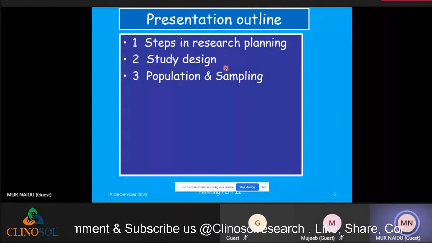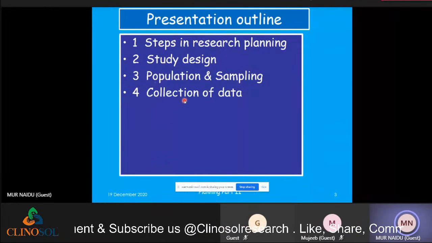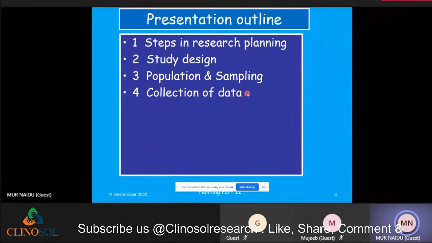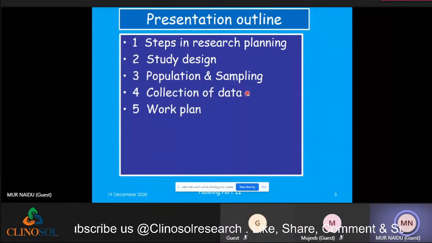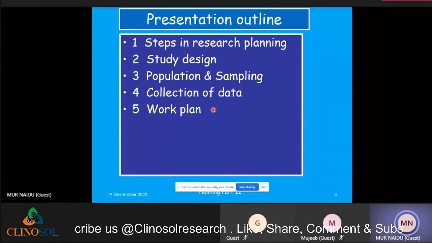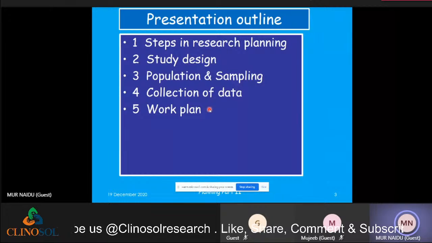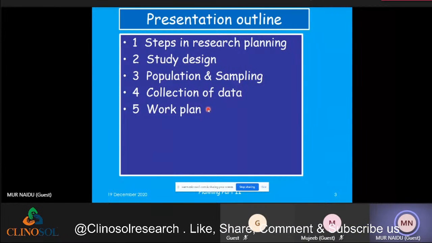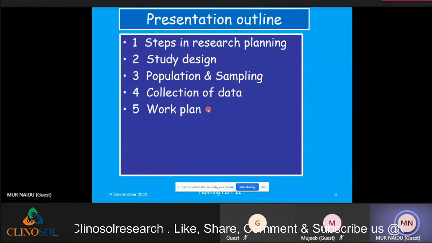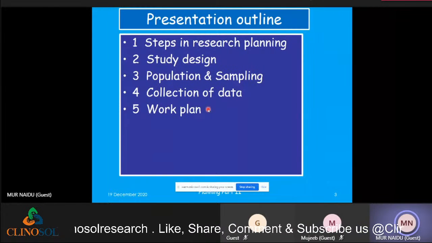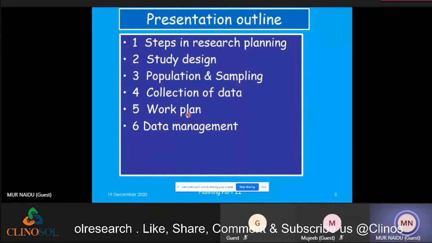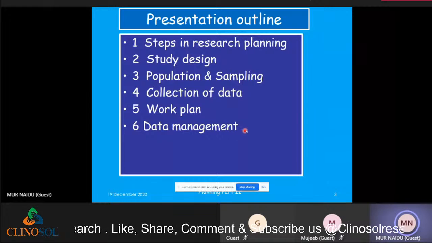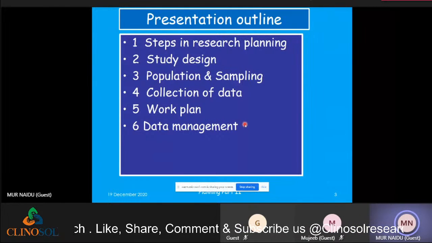Then I will discuss in much more detail the collection of the data, which is a very important part of clinical research. Coming to the work plan, I will mention that once you have decided on the clinical research and everything is ready, how you plan your entire work. Then I will tell about data management, which is a very important component.